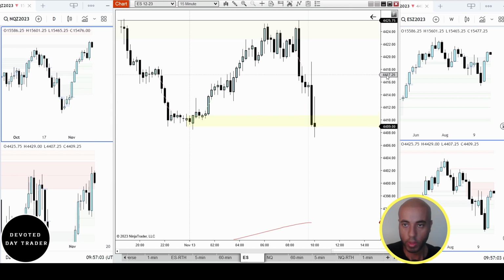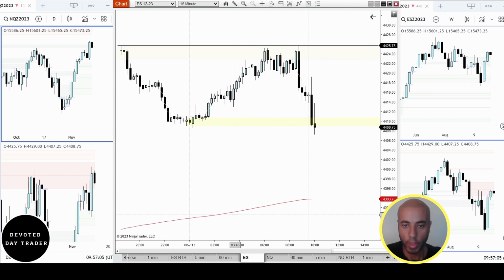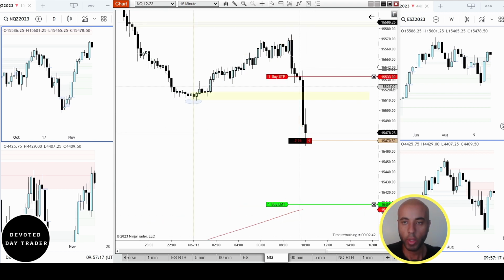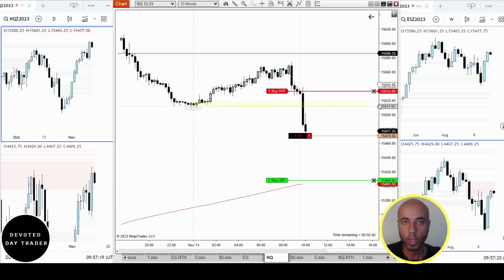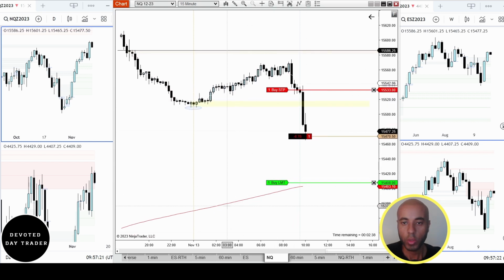The target, this red line, is the 200 moving average on the 15-minute, and it looks like ES wants to gravitate towards it. The same thing with NQ. So this is where I will be looking to take profit.